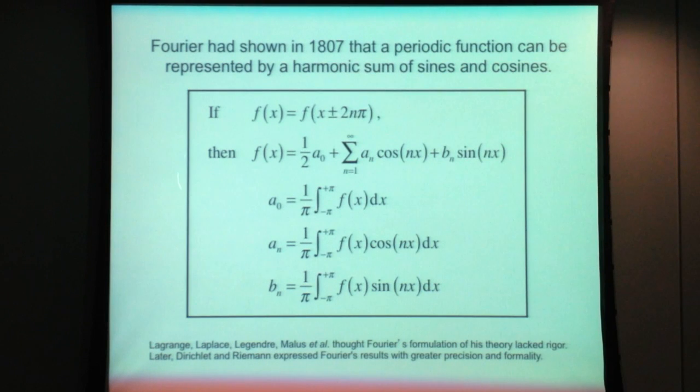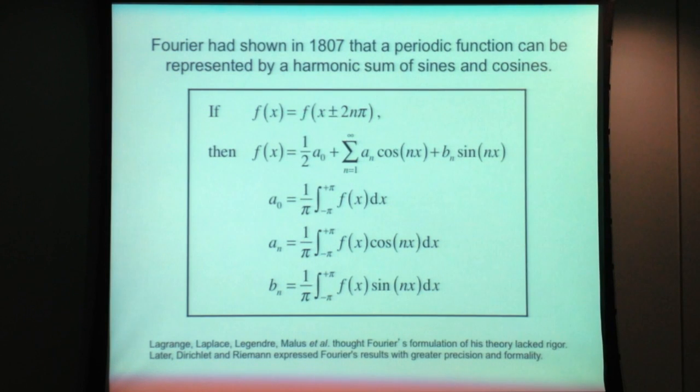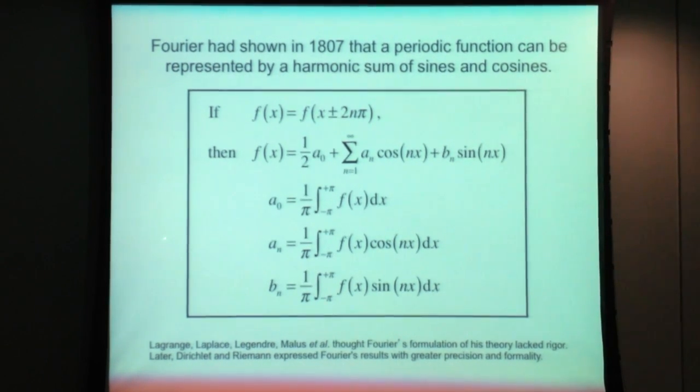can be expressed as a series, in principle an infinite series, of cosine and sine terms, where these coefficients, the a's and the b's, a naught is the special case. It's equal to the integral of this function from minus pi to plus pi. So it's the integral of the function over one period. Okay?